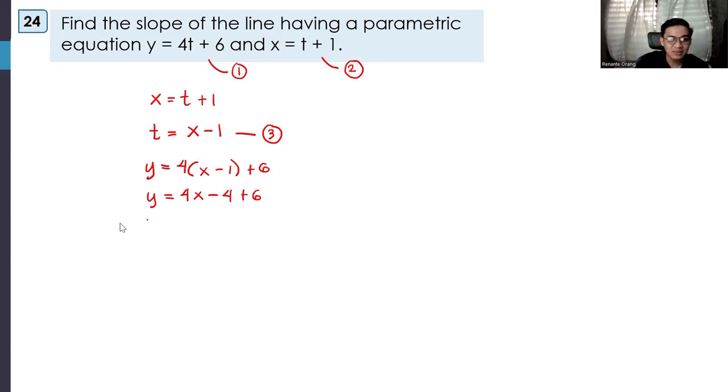Simplify natin, magiging y is equivalent to 4x. Negative 4 plus 6 is positive 2. Then, gagamitan natin ng equation na y is equivalent to mx plus b para malaman natin yung slope. And by inspection, yung ating slope is equivalent to 4, which is yung katabi ng ating x. And that is our final answer.